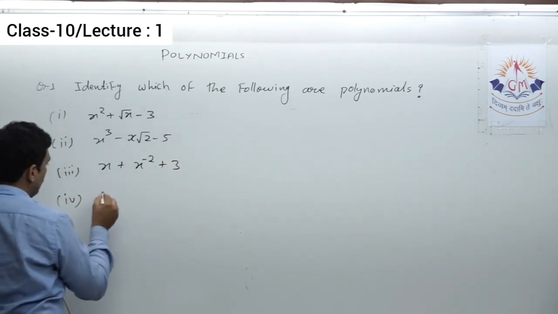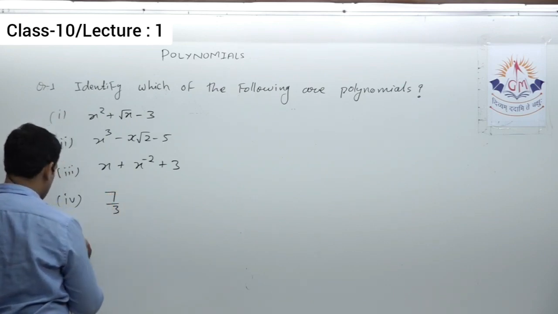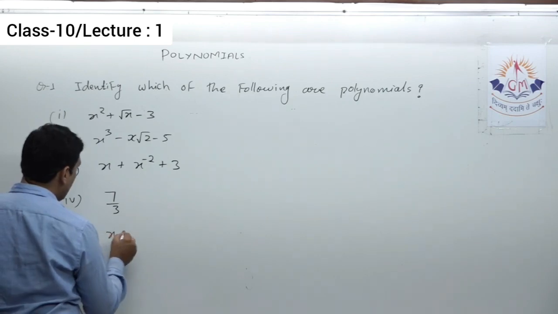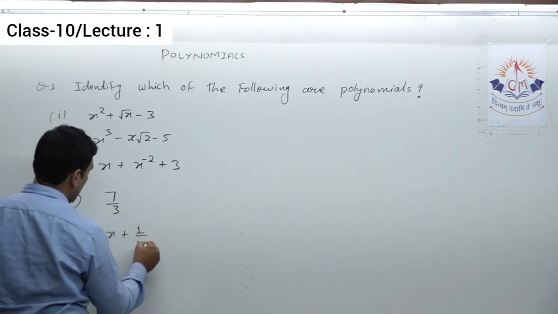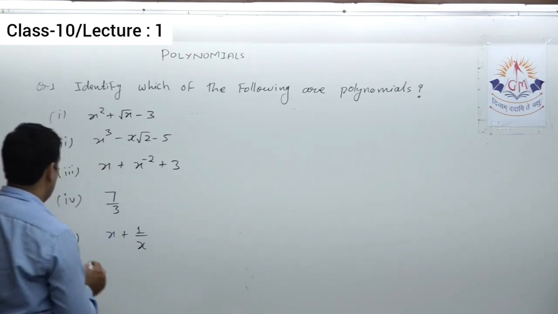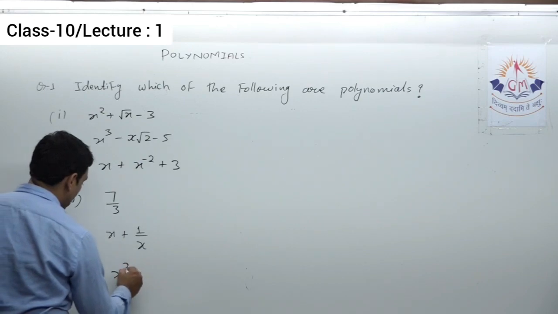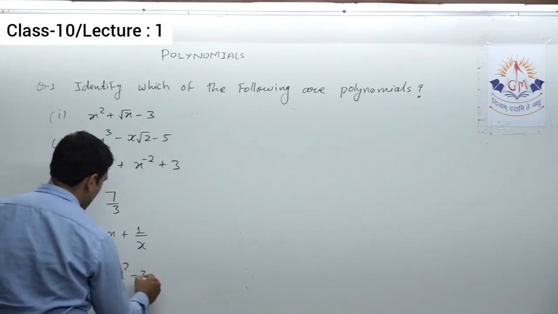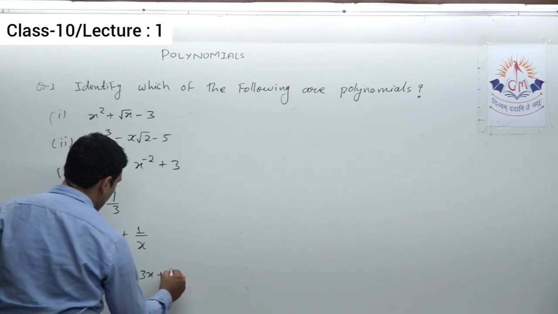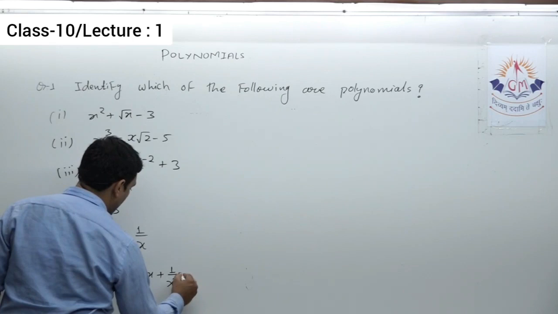Fourth one is 7 upon 3. Fifth one is x plus 1 upon x. Sixth one is x square minus 3x plus 1 upon x raised to minus 3.